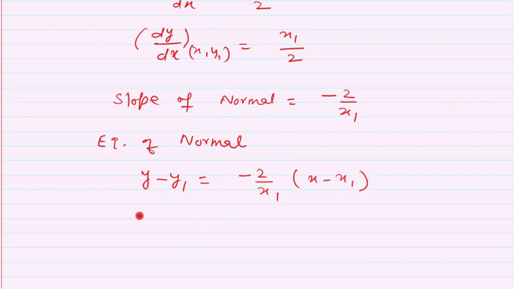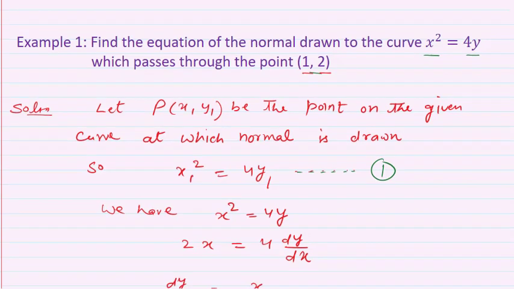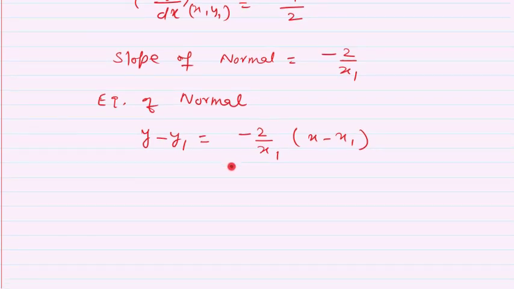So let us simplify this thing. But before simplifying it, let us use the point through which the normal is passing. So normal is passing through the point 1, 2. As I told you, if the equation is given and its passing point is given, then x y can be replaced by the passing point. Similarly, this y and x will be replaced by the given point.